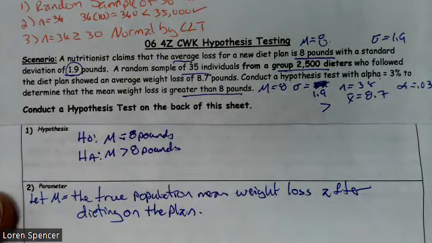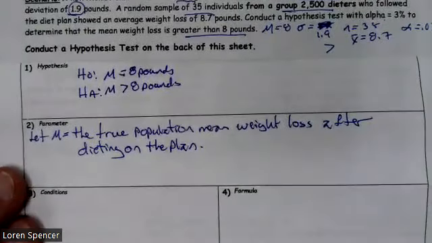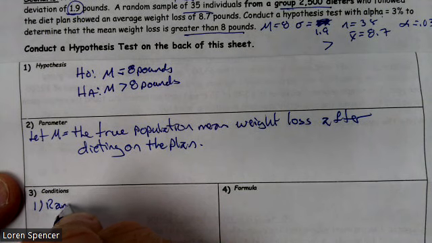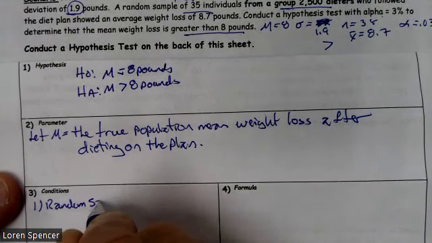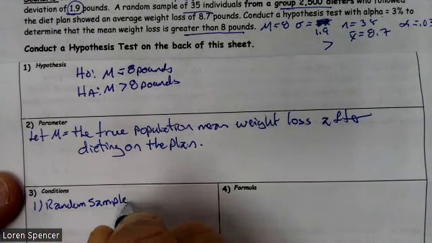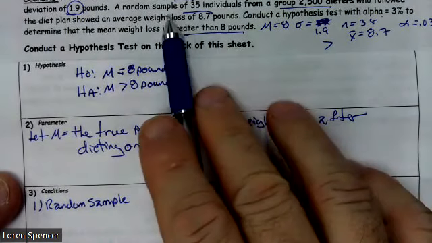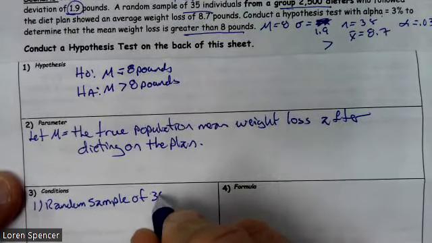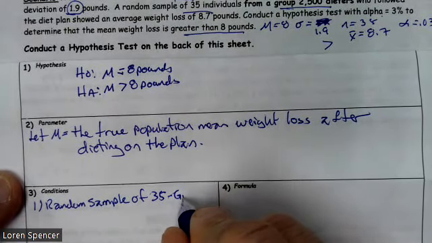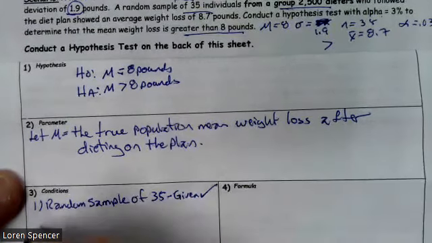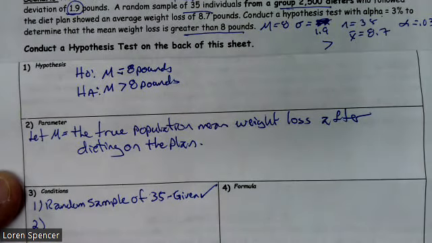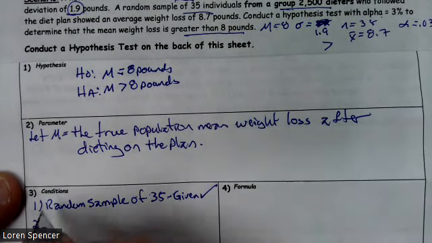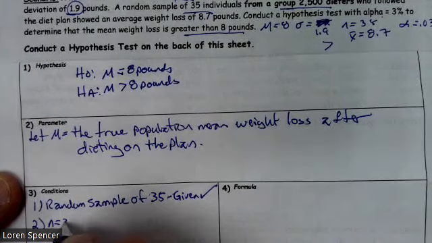All right. The conditions, that's our next part. First one, random sample. They said a random sample of 35, so that was given. We can check that off. Number 2, we need to check that N is less than 10% of the population. So N equals 35.